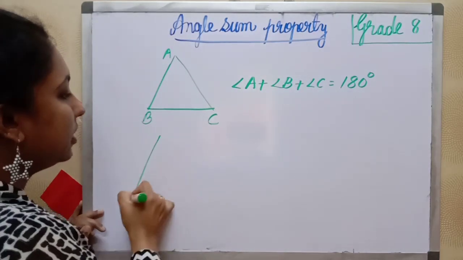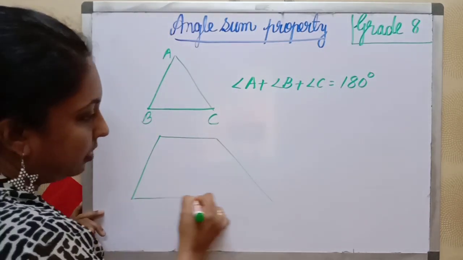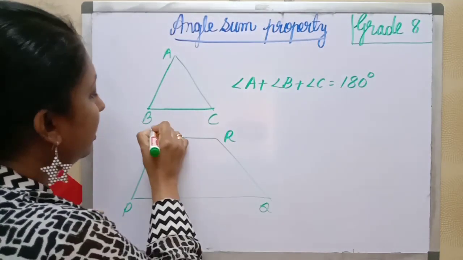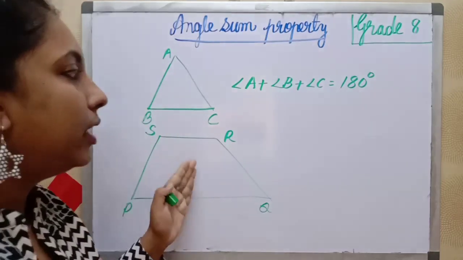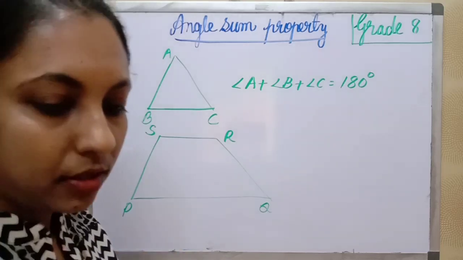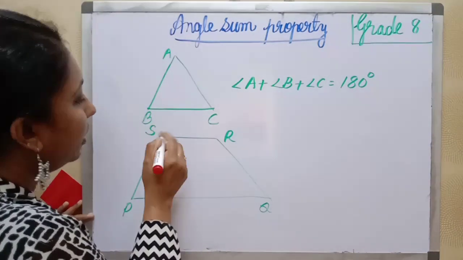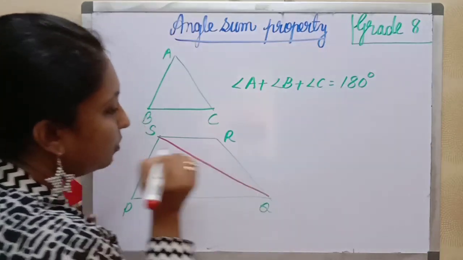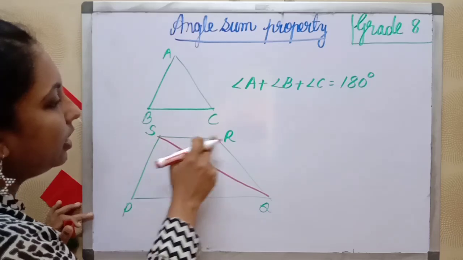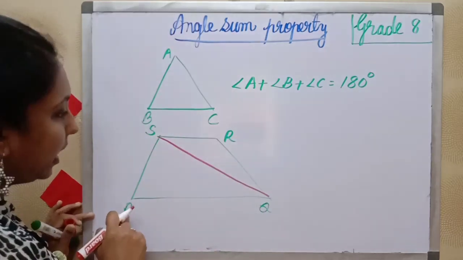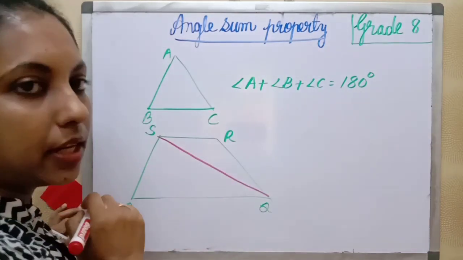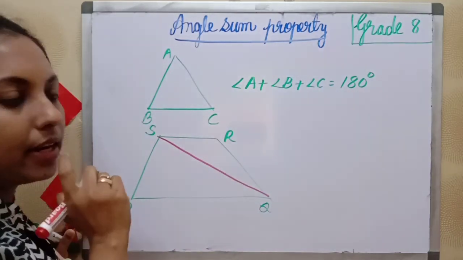Then, this is a quadrilateral PQRS. What is the sum of the interior angles of a quadrilateral? Now I am going to divide this quadrilateral into two triangles, triangle SRQ and triangle PSQ. As you all know, the sum of the interior angles of a triangle is 180.